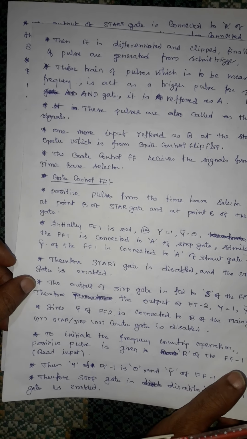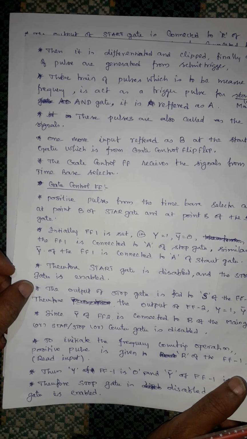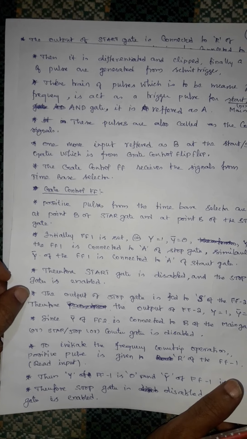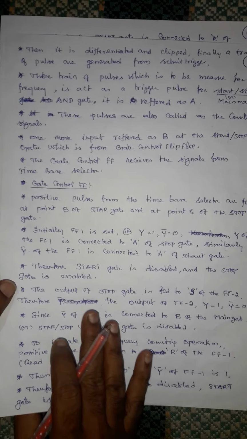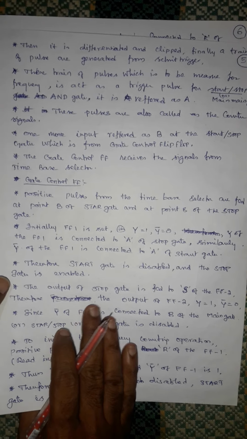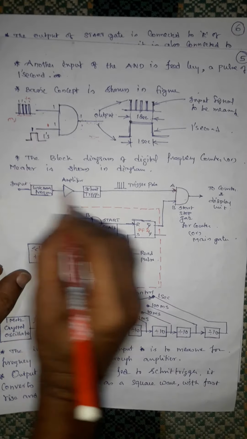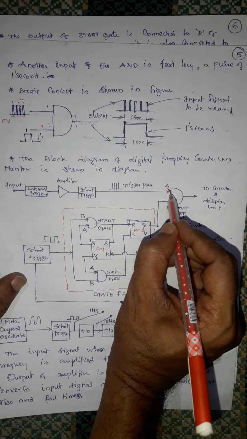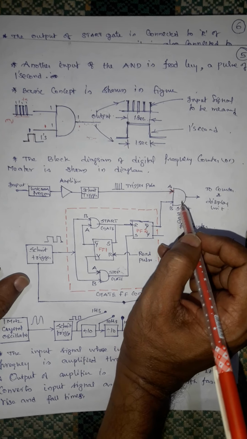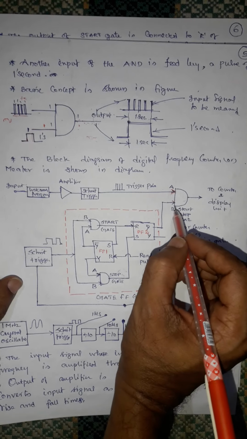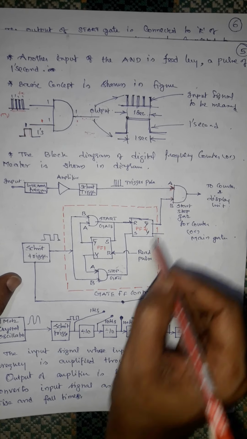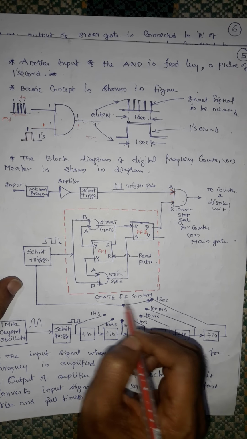One more input is referred to as B at the stop gate, which is from the gate control flip-flop.